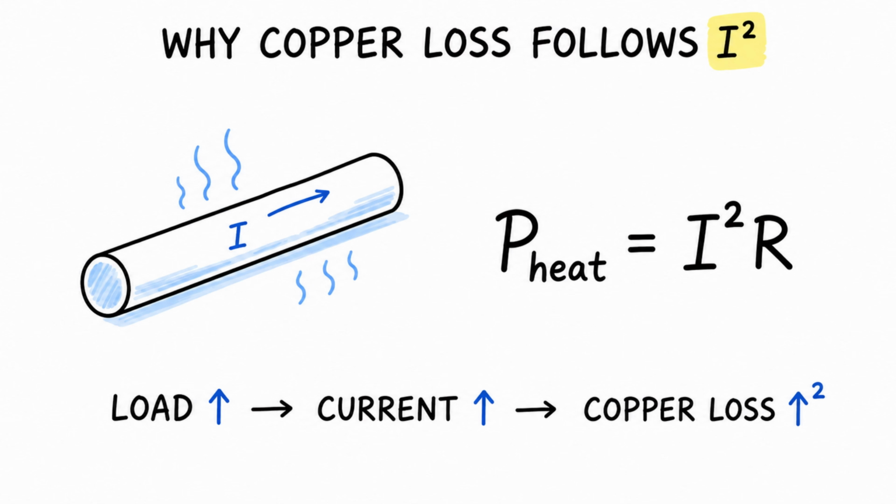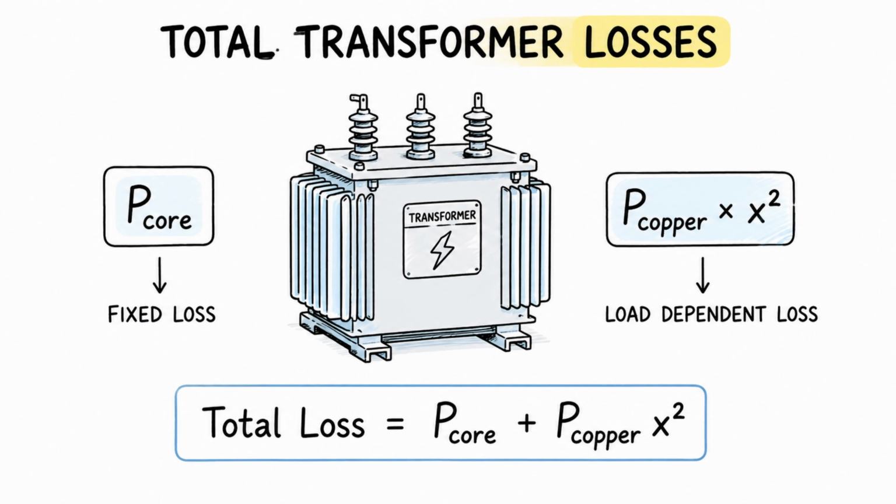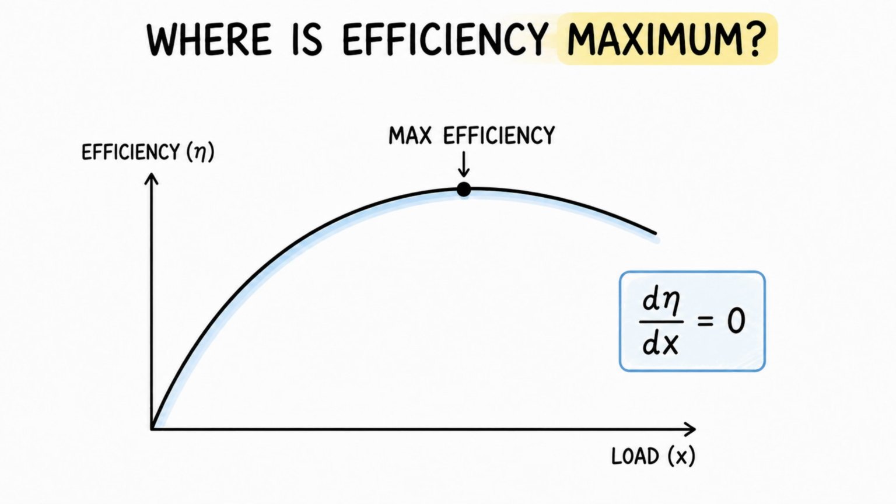The squared relationship comes from the fact that heat in a conductor equals current squared multiplied by resistance, and transformer current scales linearly with load. Total losses equal P-core plus P-copper multiplied by X squared. If you apply calculus to maximize this efficiency equation, the mathematics yields a remarkably clean rule.